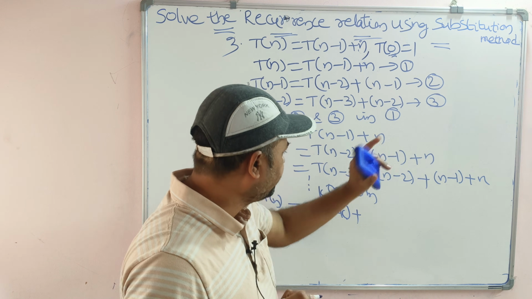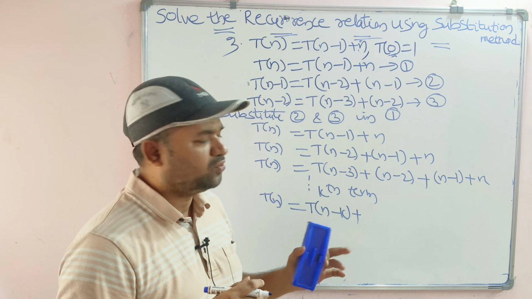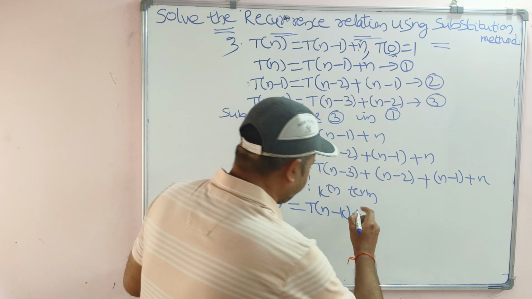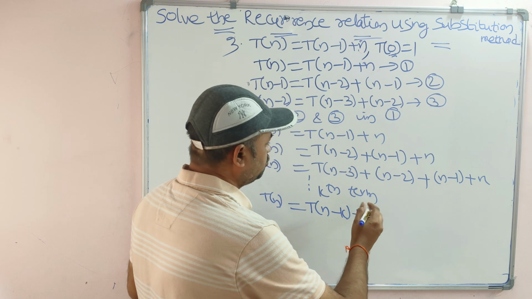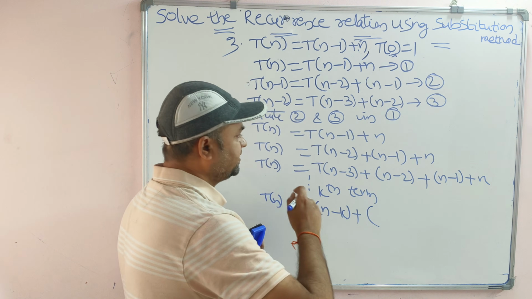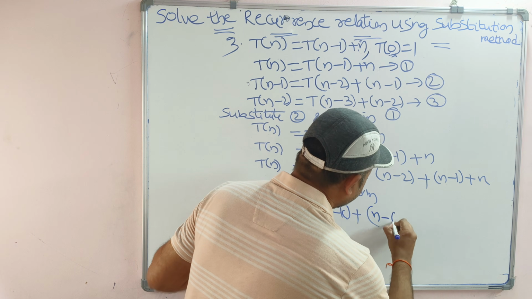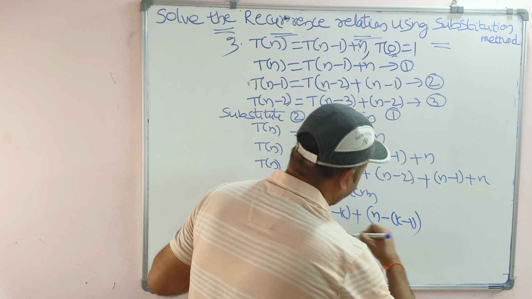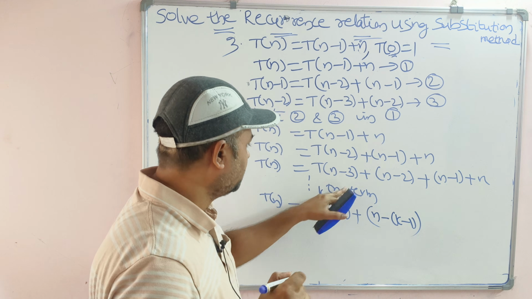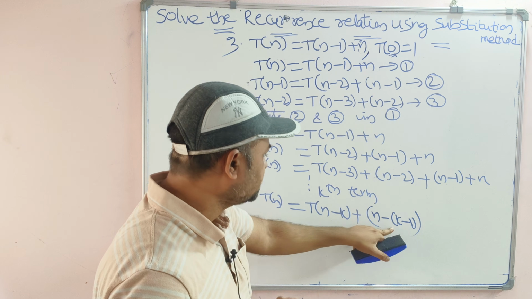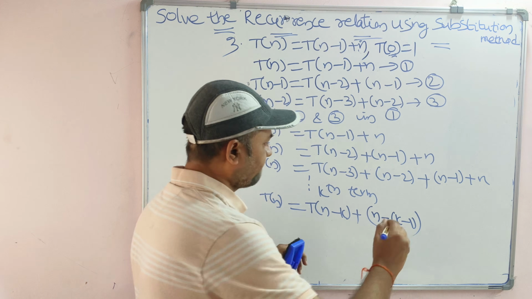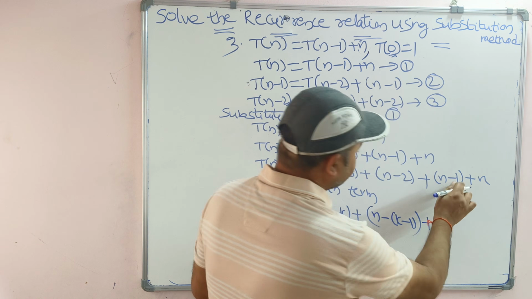Here we have 1, but we have 0. So we have to subtract by 1. So n minus 2. So we can write this as n minus 2 means n minus k minus 1. Why? Because here k is 3. So 3 minus 1 means 2. So on. Next here we have 1.